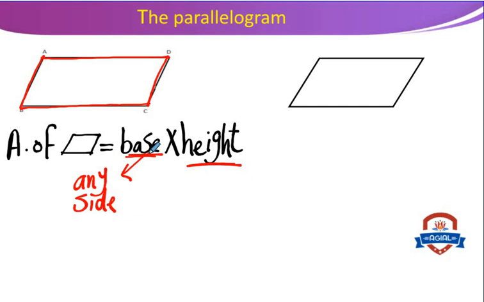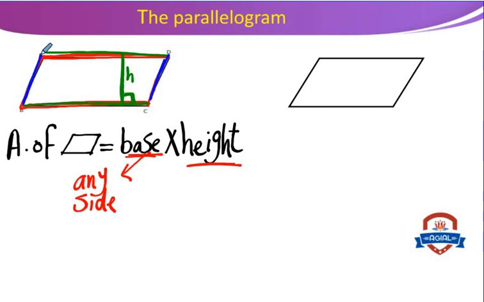What is the height? The height of AD and BC is the perpendicular distance between them. This is the height of AD and BC. And what is the height of DC and AB?